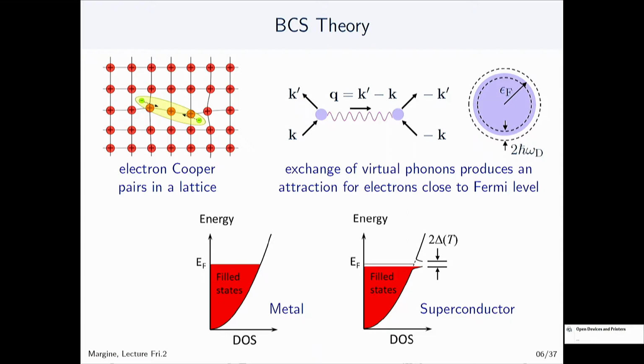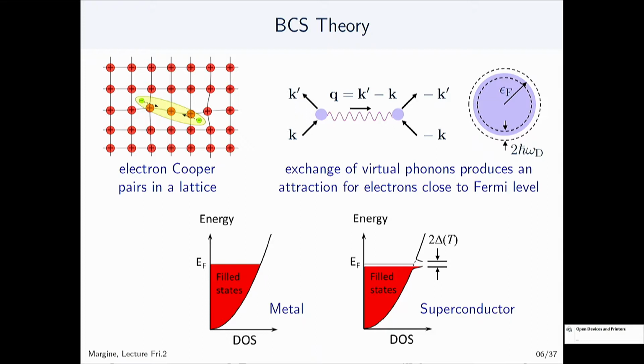On the other hand, in the BCS ground state, we have Cooper pairs. While single electrons are fermions and should obey the Pauli exclusion principle, electrons in Cooper pairs are boson-like particles.